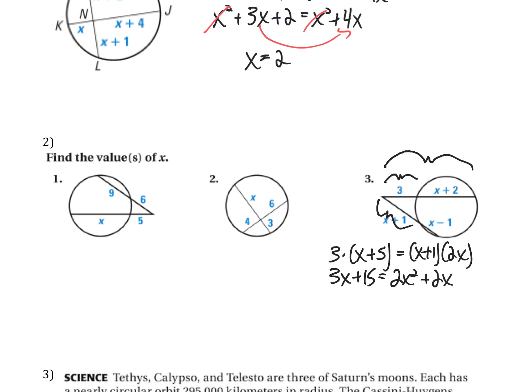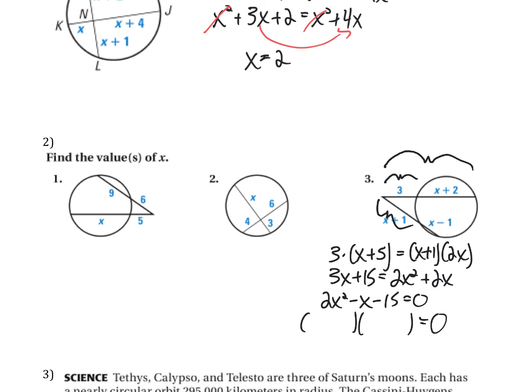Now I'm going to move all my terms to one side. 2x squared minus x minus 15 equals 0. If you want to pause it for a minute and try to see if you can factor this, I'd encourage you to give it a shot.